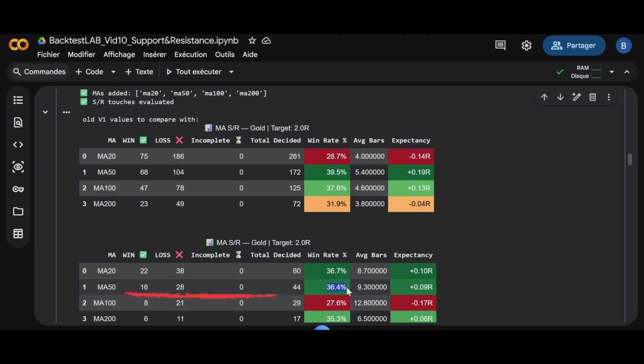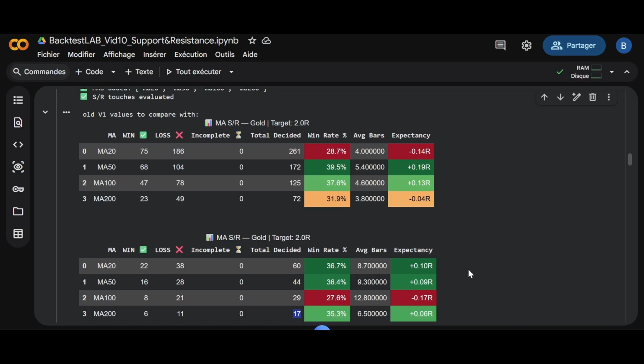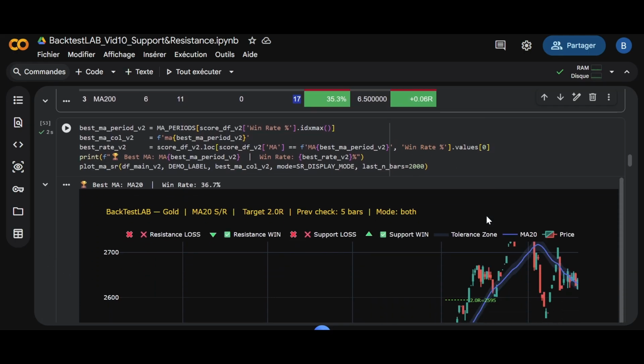However, you did not improve the win rate, and the result got worse for the moving average 100. You had about 27%, and if you check the moving average 200, you had only 17 trades over the last 20 years. So the problem with this combination is that you will have only fewer trades, so we are not going to use it for the remainder of this code.